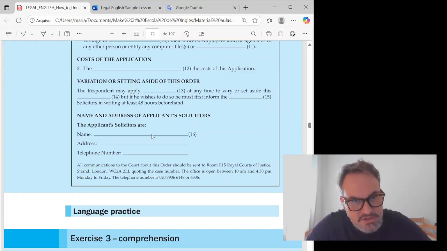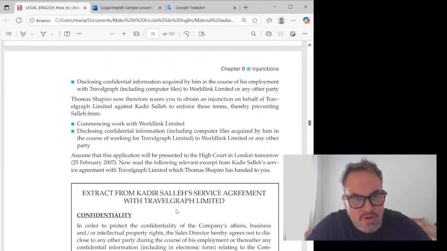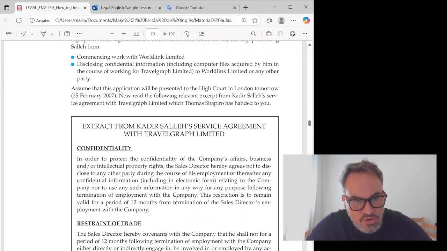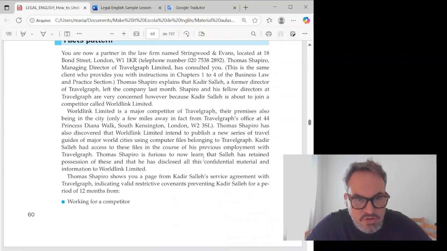Name and address of applicant's solicitors. If you want to defend himself, to answer, right, or to change that in any way. The applicant's solicitors are, so you put your name here. Your name is the name of the company, your law firm.